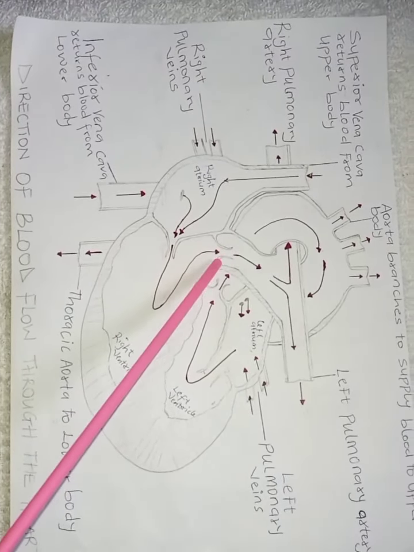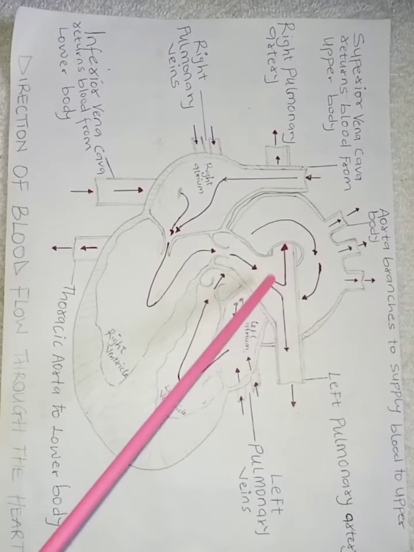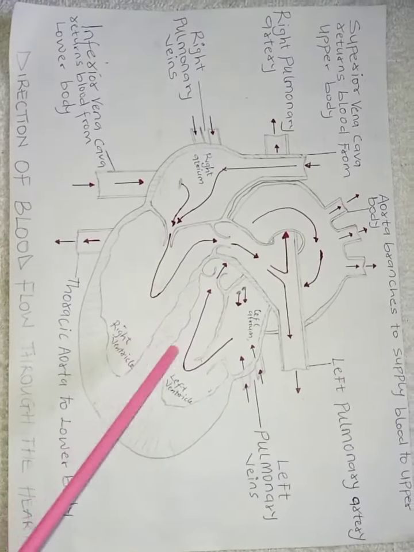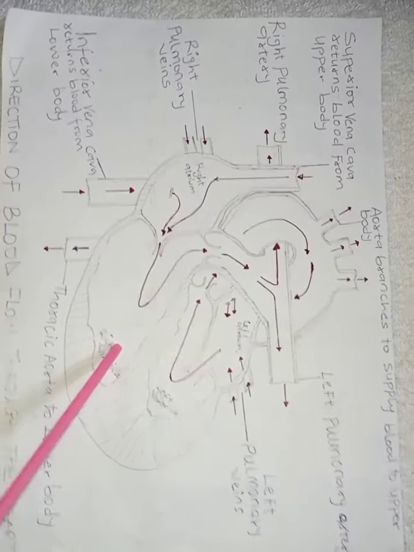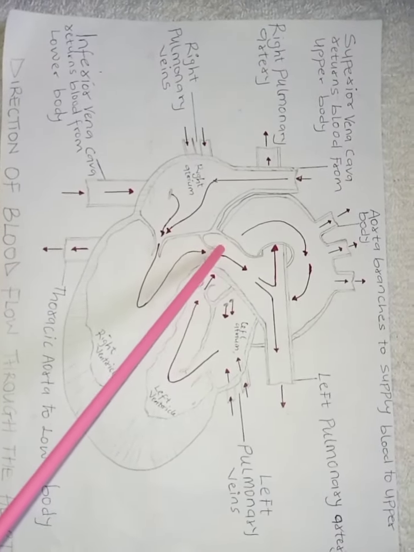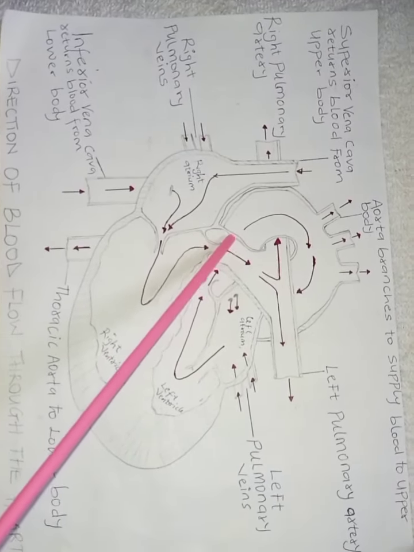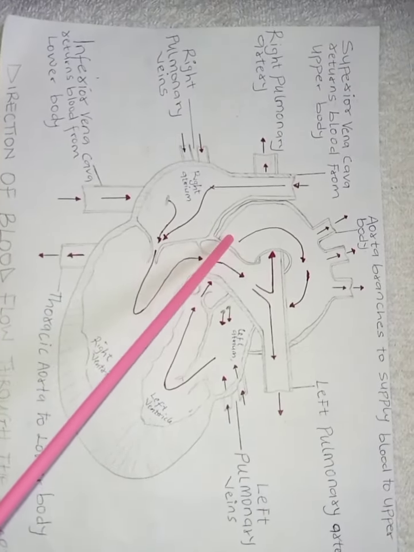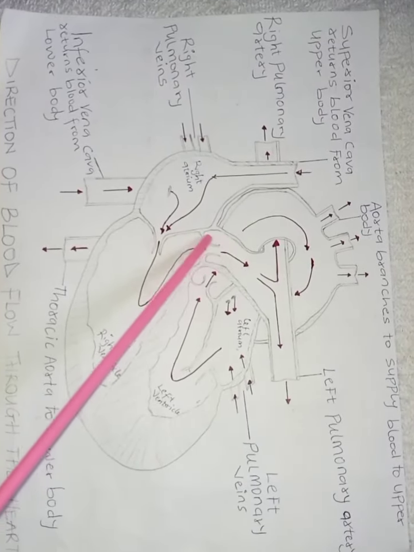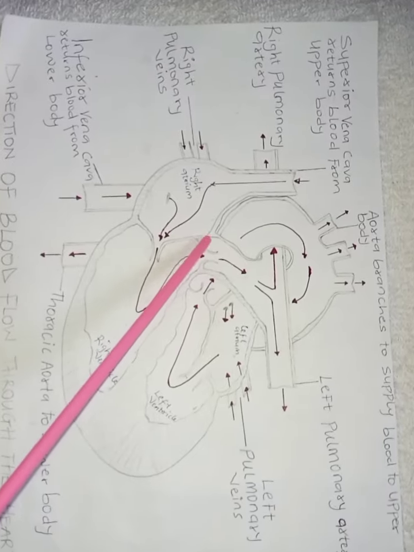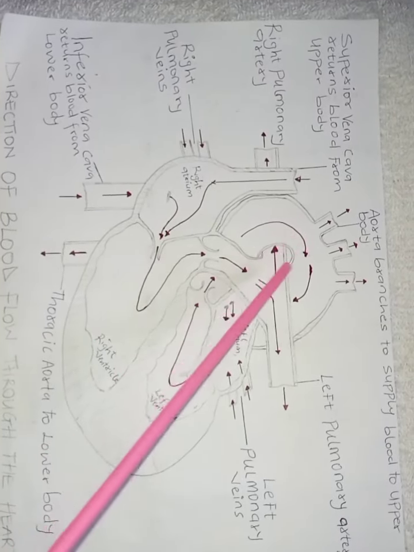The valve closes to prevent backflow of blood from the pulmonary trunk back to the right ventricle. This is called the pulmonary semilunar valve. It is formed by the three semilunar cups.